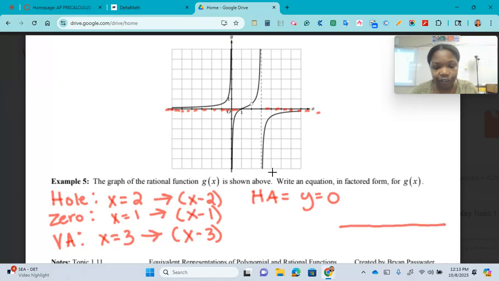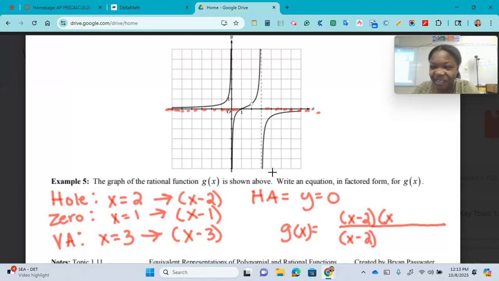This is our g of x. Because of the hole, we have x minus 2 in both the numerator and the denominator. Because it's 0, we got that in the numerator.